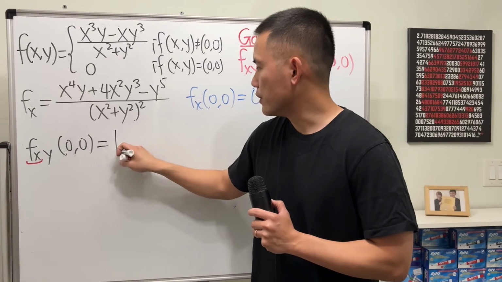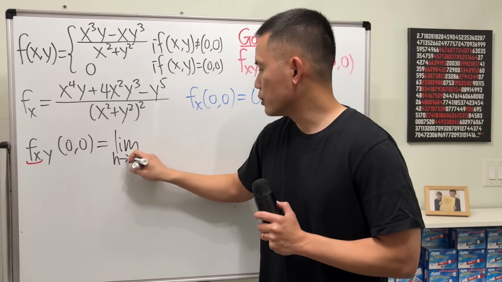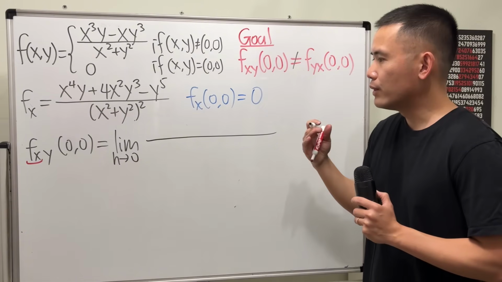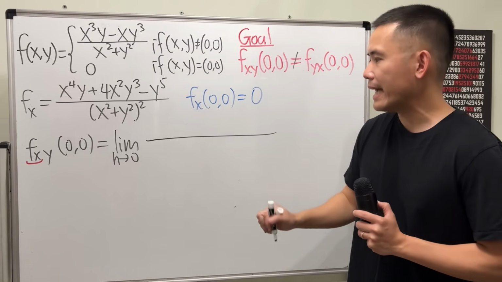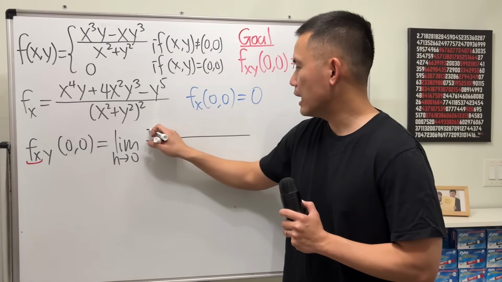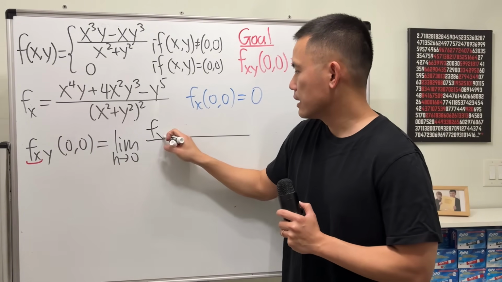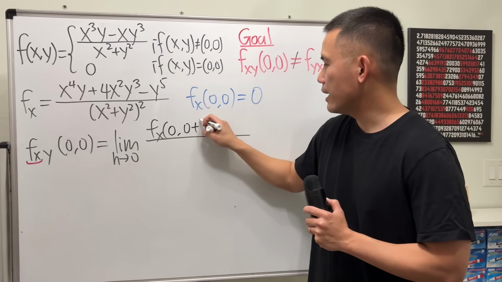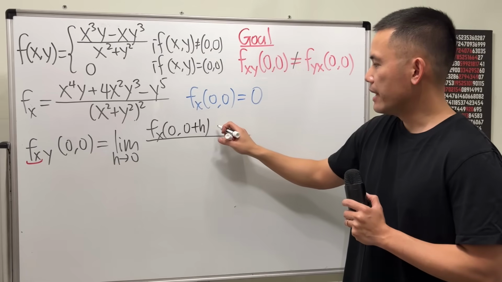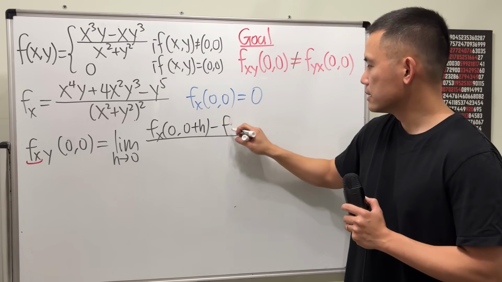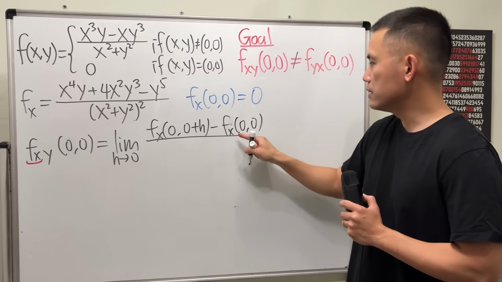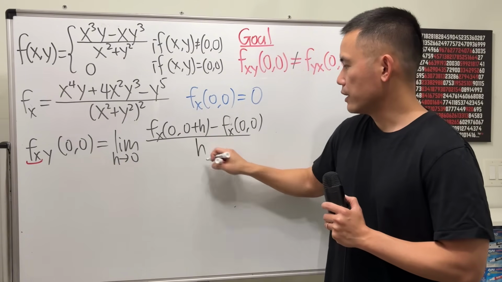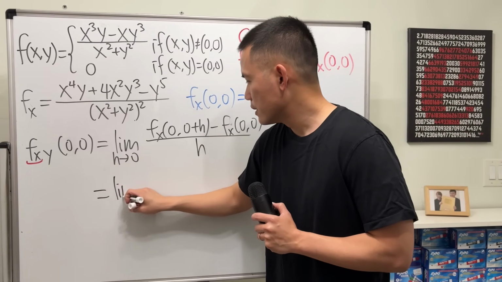So when we use the definition, as h approaches 0, we will have to add h to the y. So here we have f sub x at 0, 0, but we add the h in the y, and then minus f sub x at 0, 0, and this is where we need that, and over h.